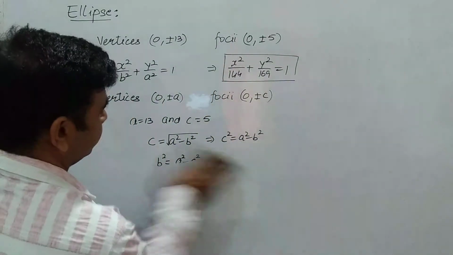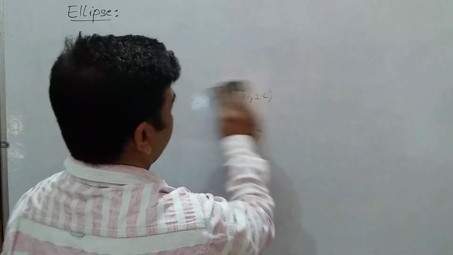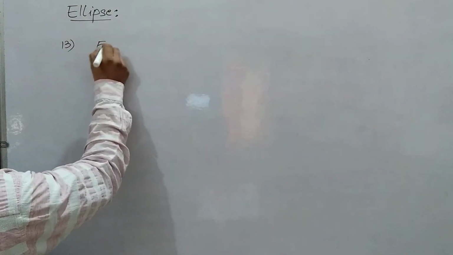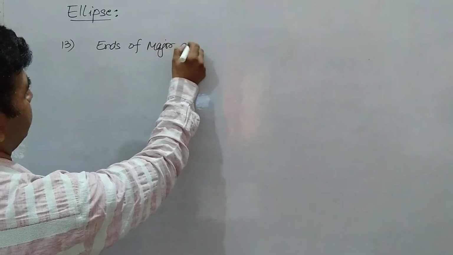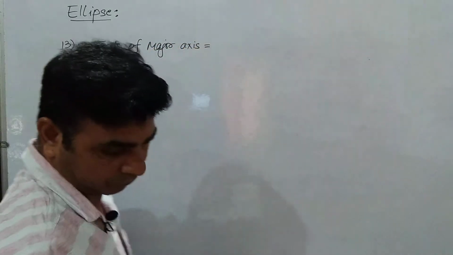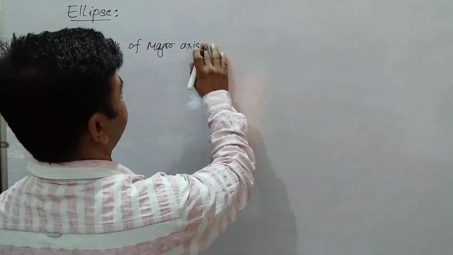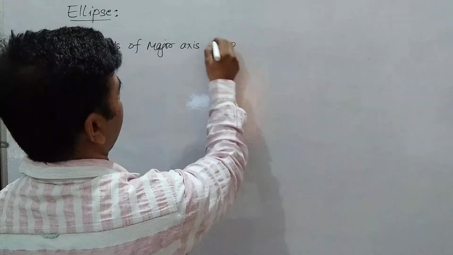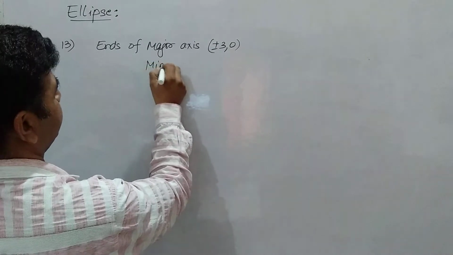In question number 13, again a condition is given, but not with the foci and the vertices. We are given the ends of the major axis, which are plus minus 3, 0, and the ends of the minor axis are 0, plus minus 2.